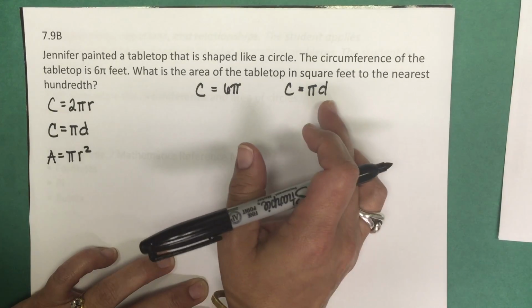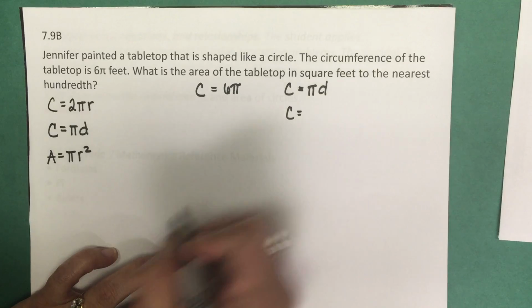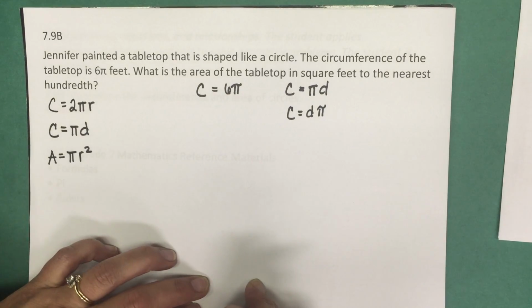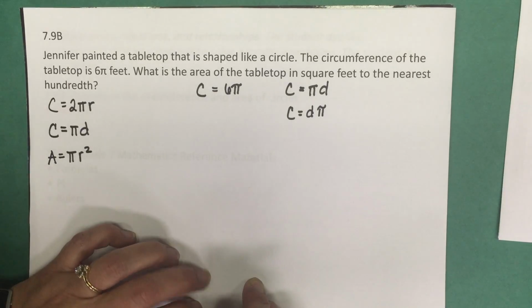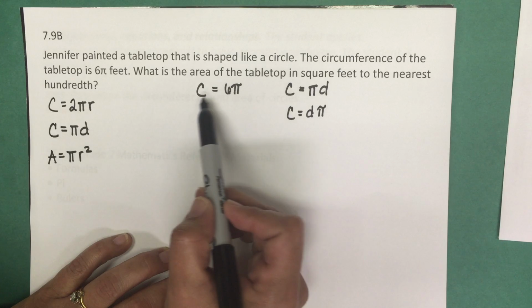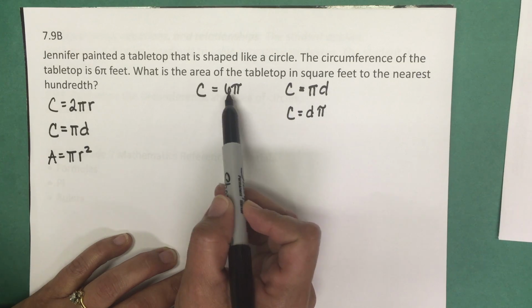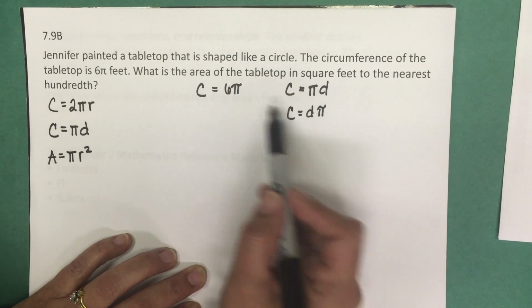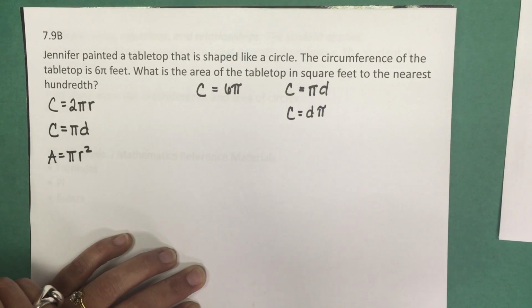Circumference equals pi times d is the same as the circumference equals d times pi because of the commutative property of multiplication. Since we have two equations here, C equals 6 pi and C equals pi d, since those are both equal to C, or the circumference, I can set those equal to each other.